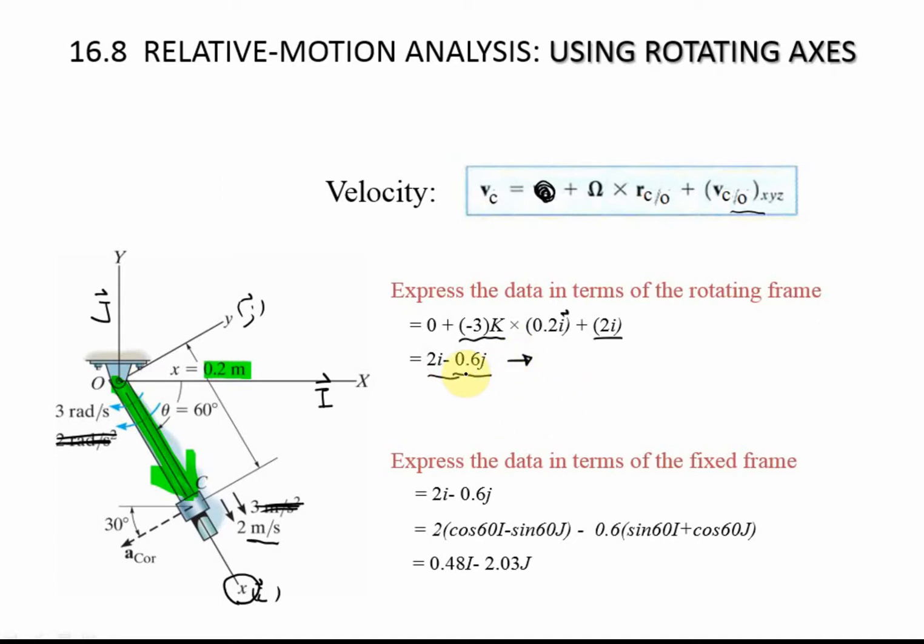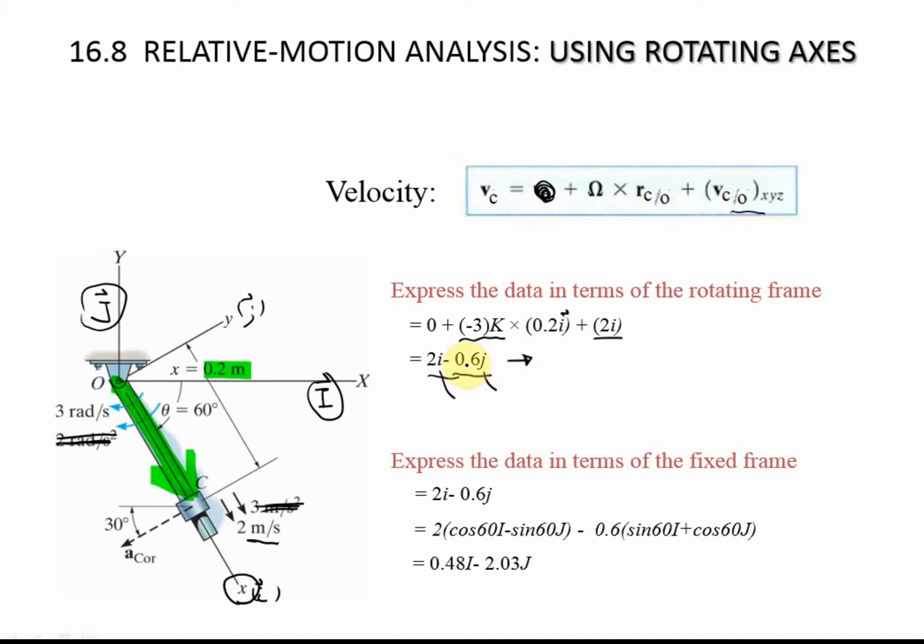But right now, your answer is expressed relative to rotating axis because we are still using small i, small j. So if you want to express your answer in terms of capital I, capital J, which is fixed onto my fixed axis, you can simply change small ij to capital IJ.